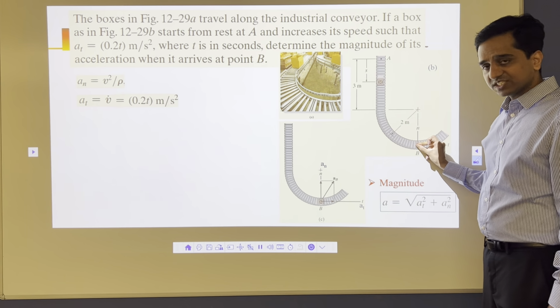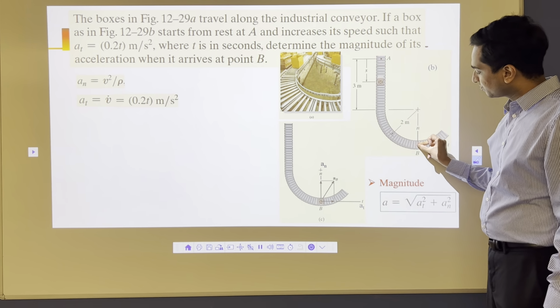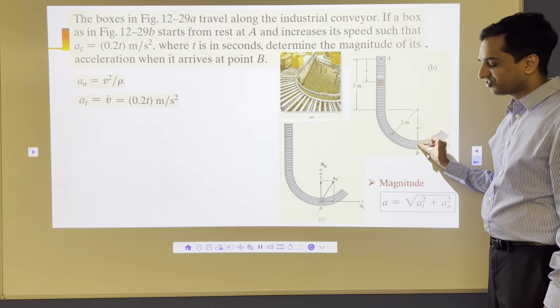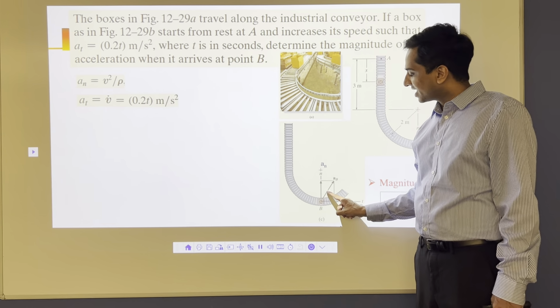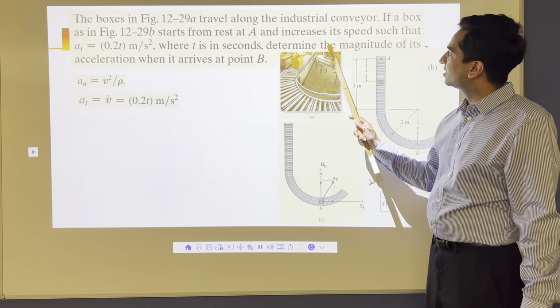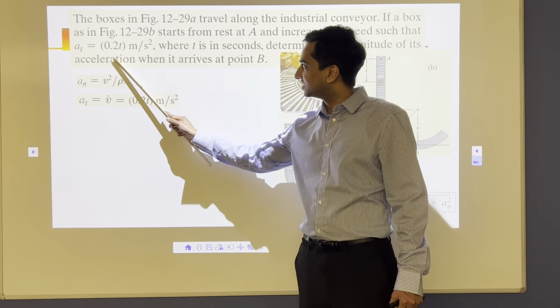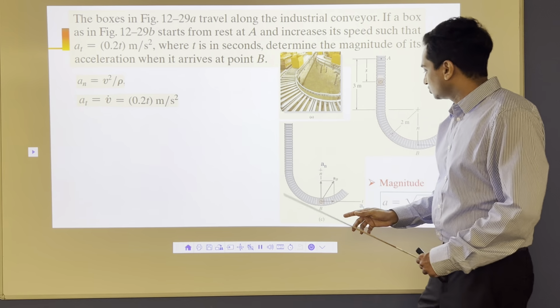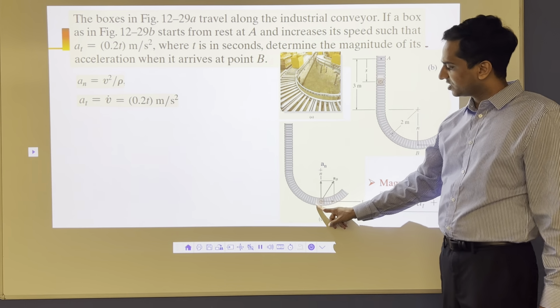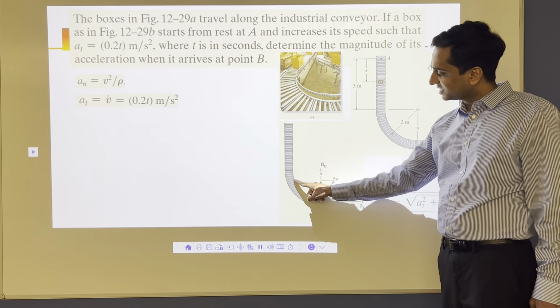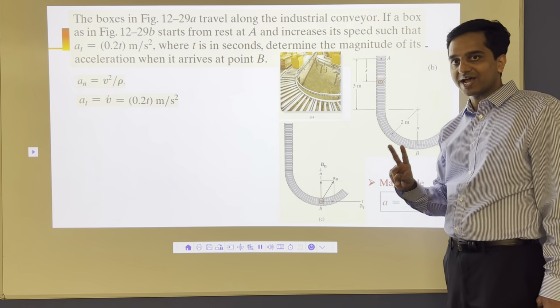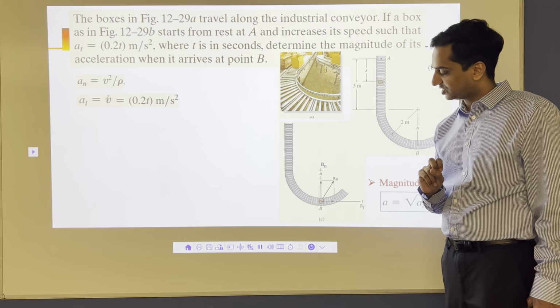When it reaches point B, it's going to continue, but we are going to freeze the frame, and at that instant when it reaches point B, I want to find its acceleration, and that's the problem. Determine the magnitude of acceleration when it arrives at point B. Now, as it's taking a curve here, it will have two components of acceleration.